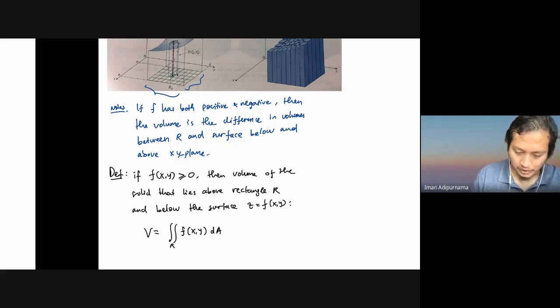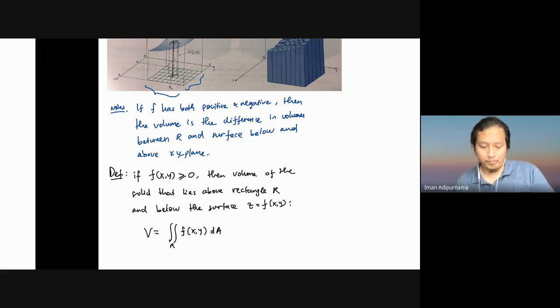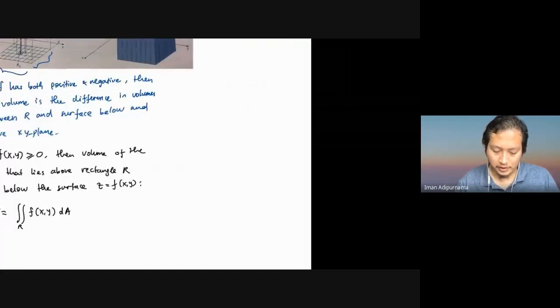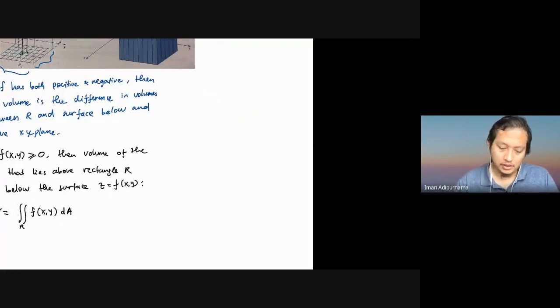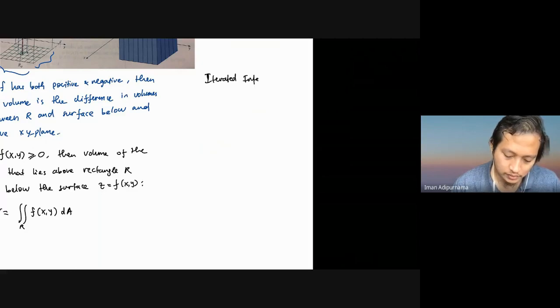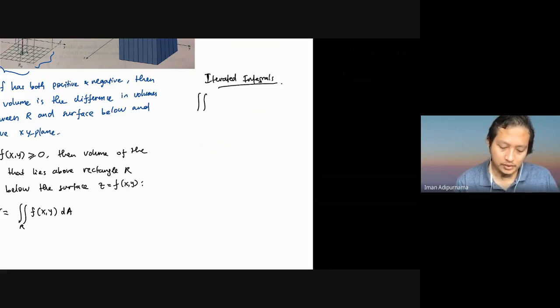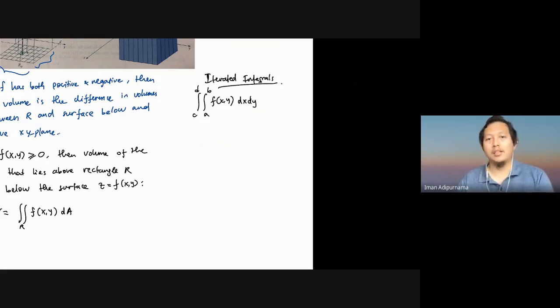Let's just go to the iterated integrals. So how to evaluate the double integral. Suppose you have functions and you have the endpoints on all the double integrals, and you have dx dy as its differentials.